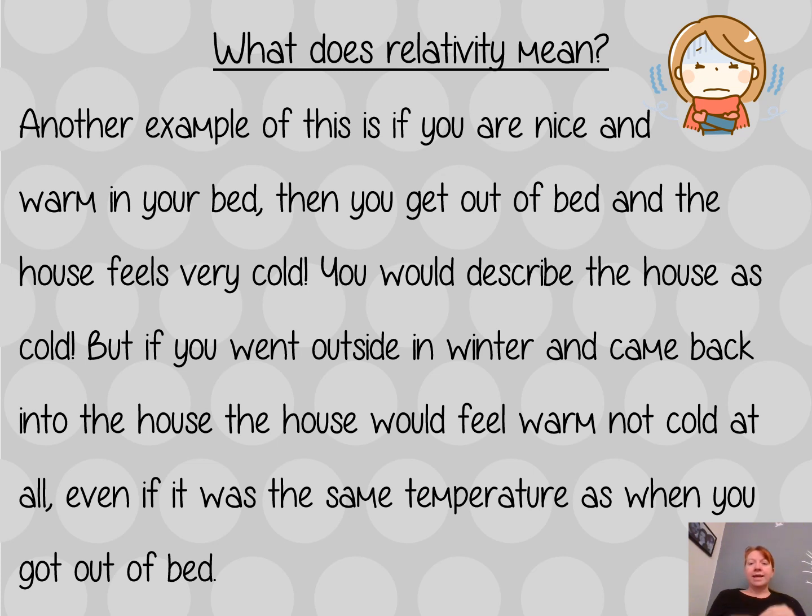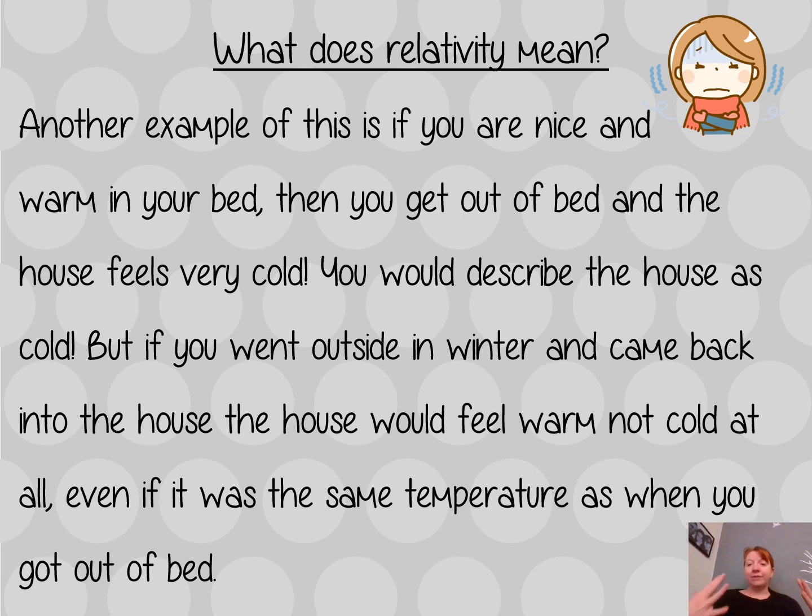Another example of that is if you're in your nice warm bed and you're all snuggled up and it's lovely and warm, and then you get out of the bed, the house feels cold because it's not as warm as the bed. But if you went outside and then came back into that same house, the house would feel lovely and warm. It wouldn't feel cold because you're comparing the temperature outside to the temperature inside, as well as the temperature in your bed to the temperature outside.